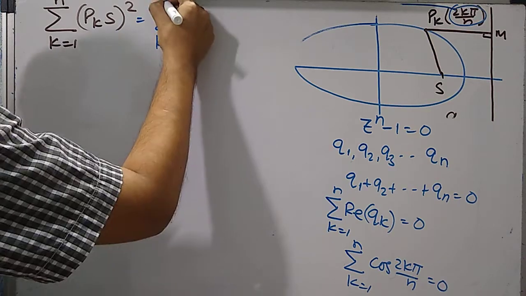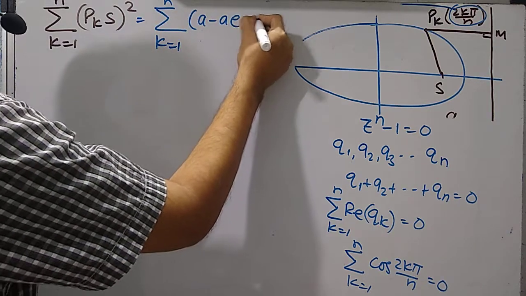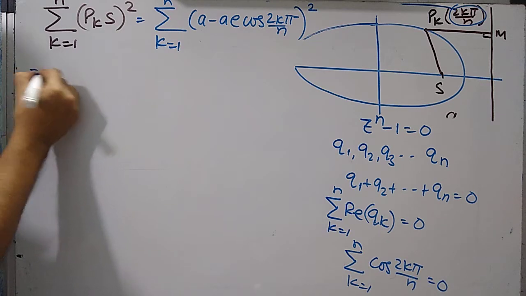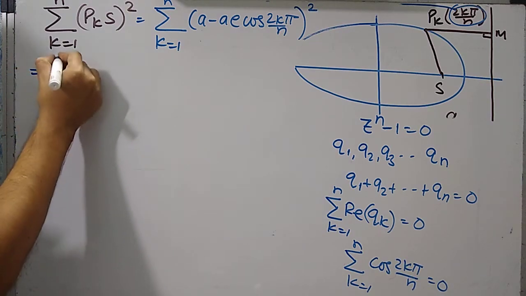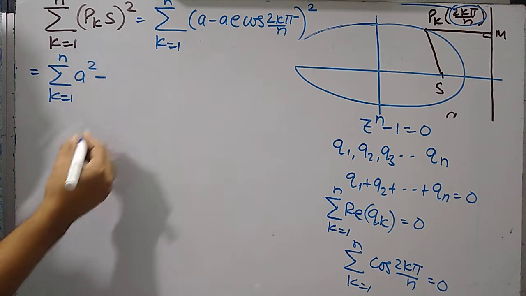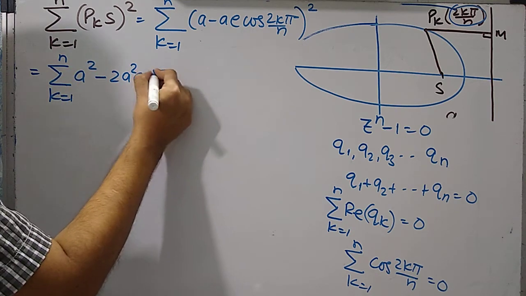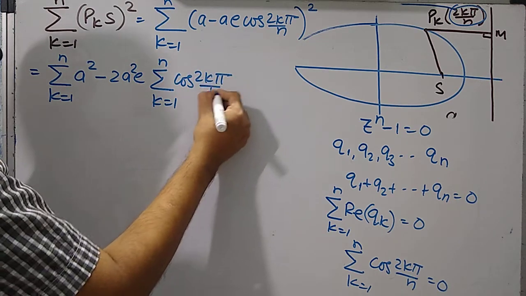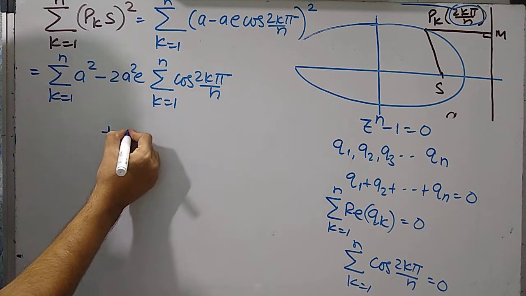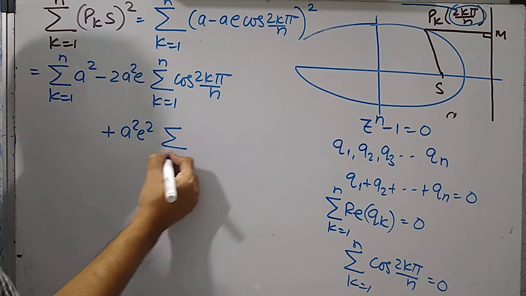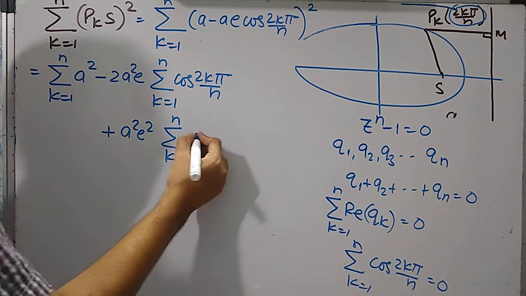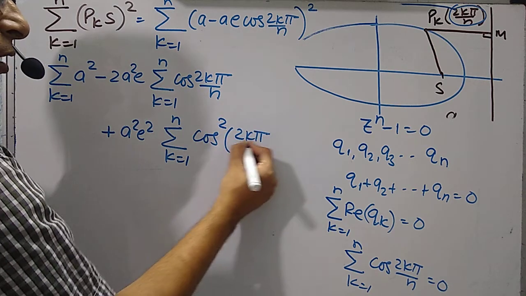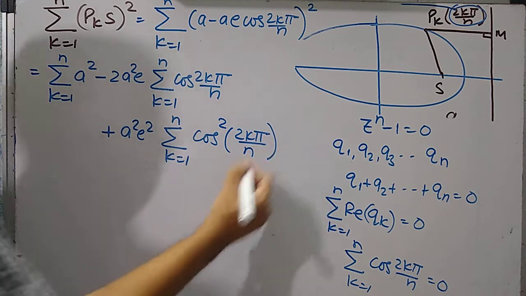Sigma k equal to 1 to n of (a minus ae cos 2k pi upon n) whole square, and this is equal to sigma k equal to 1 to n of a square minus twice a square e sigma k equal to 1 to n cos 2k pi upon n plus a square e square sigma k equal to 1 to n cos square 2k pi upon n.